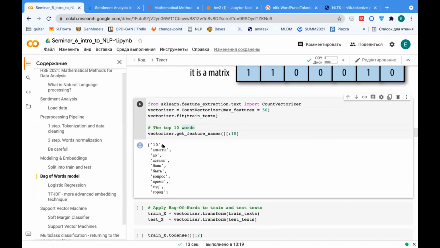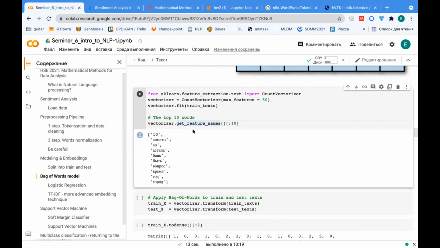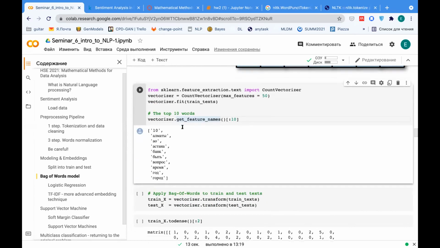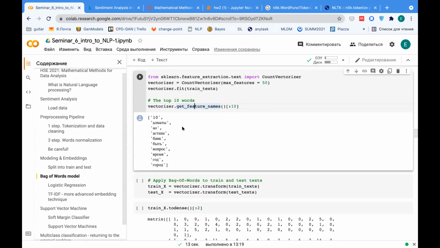I hope it means something important, but we don't actually know. Also, we can see that probably the text is about some places in Russia.